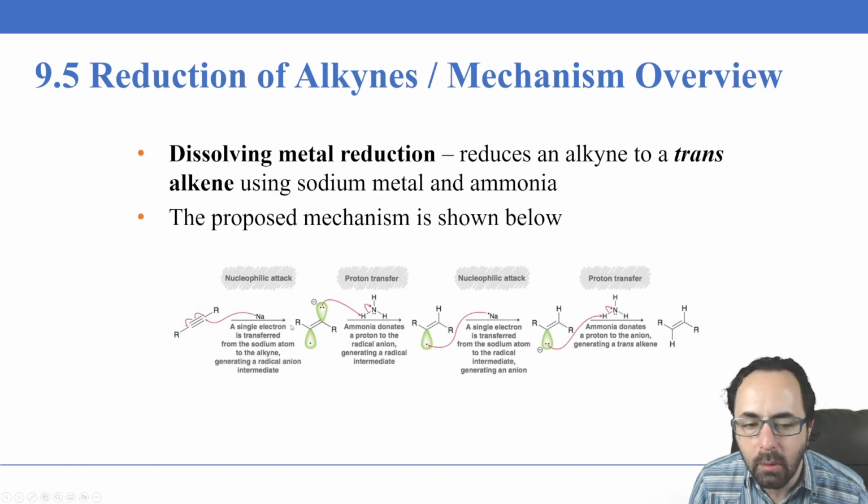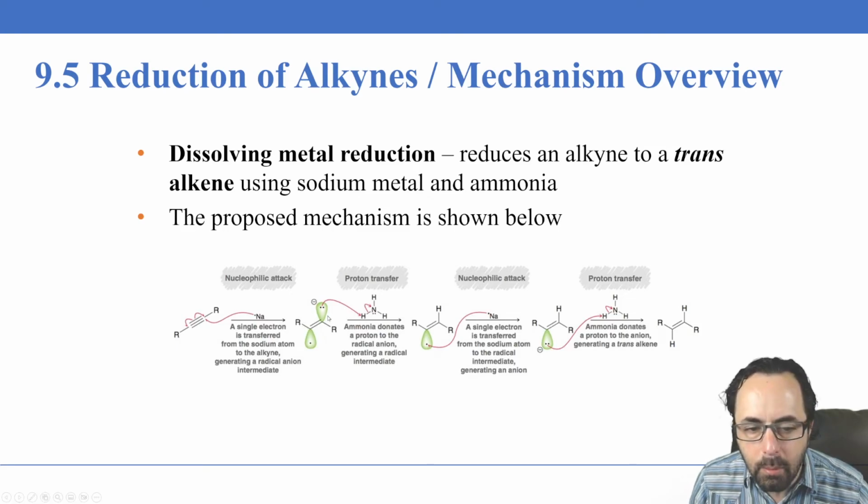So this mechanism is initiated by the sodium giving its one electron to this carbon here. And then one electron from the pi bond also goes on to this carbon. So this carbon now has a lone pair with these two electrons. The other electron from the pi bond goes on the neighboring carbon. And so we have a radical here and an ion. So we have an ion radical.